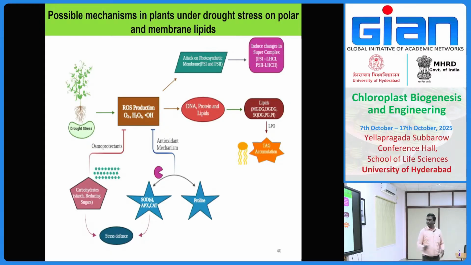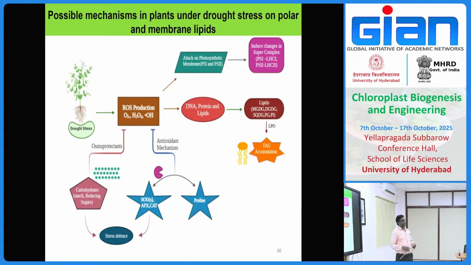If the lipids are converted to triacylglycerol, a lot of energy will be generated. Or maybe it is because the ROS directly affects the lipids, so they try to accumulate another form. This accumulation is triacylglycerol.